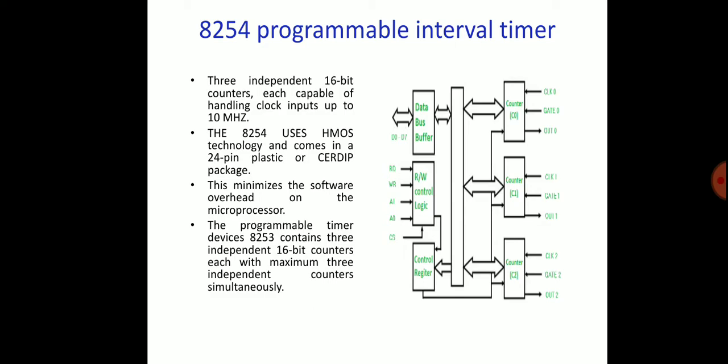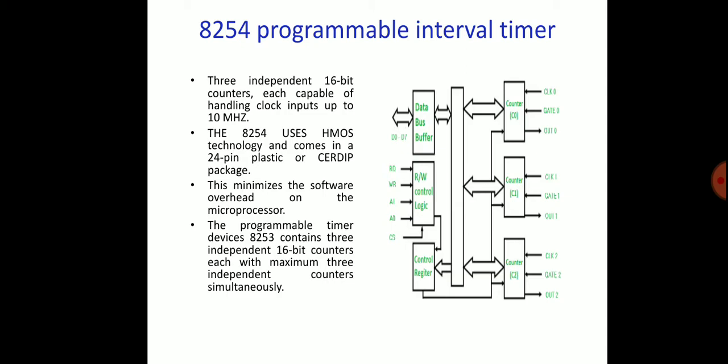It provides 3 independent 16-bit counters, each capable of handling clock input up to 10 MHz. All modes are software programmable. The 8254 is a superset of the 8253 processor. Now the 8254 uses HMOS technology and comes in a 24-pin plastic or CERDIP package.